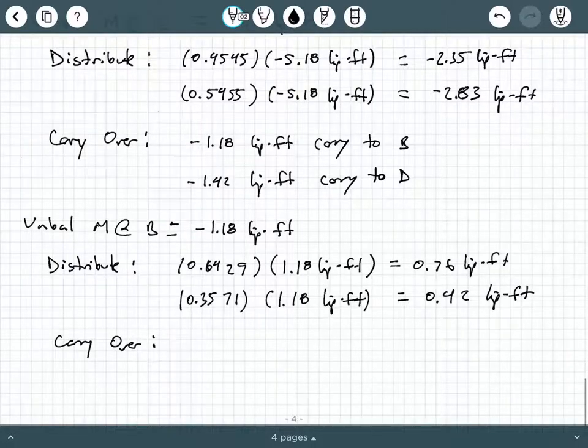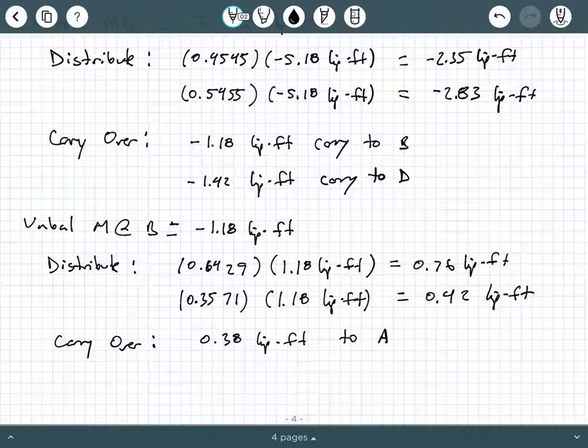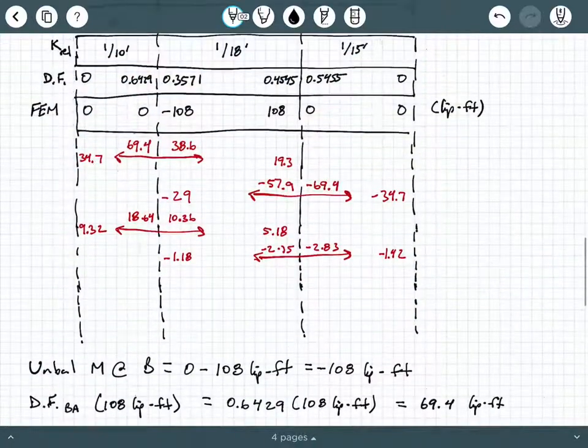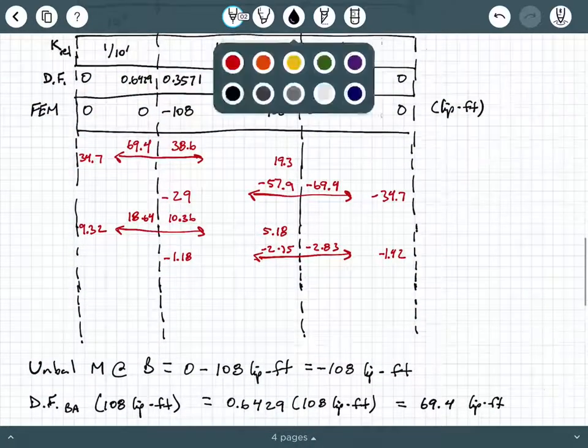We are balanced now at B, but we still got to carry over. So we want to carry over 0.38 kip feet to A, and then we want to carry over 0.21 kip feet to C.